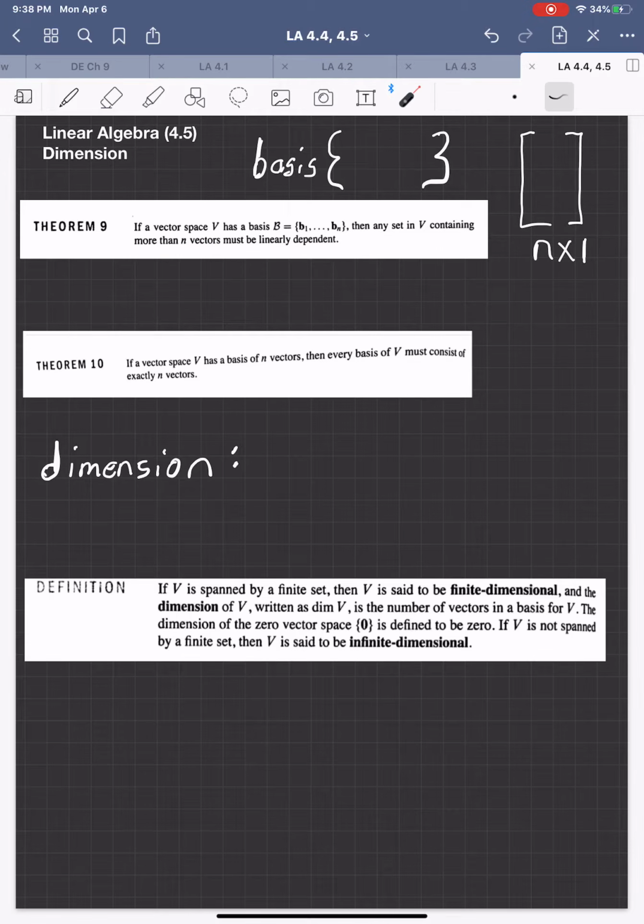Now hold on for a second. Wait a minute. Let's try to put some things together here. Let's stick with R2 for a second. If we are in R2, we're in two-dimensional space. How many vectors should be in that basis?